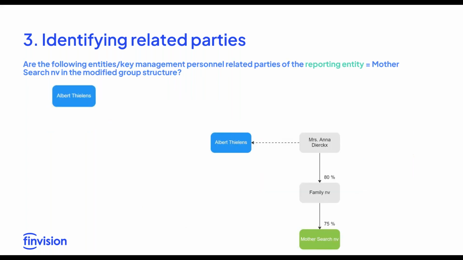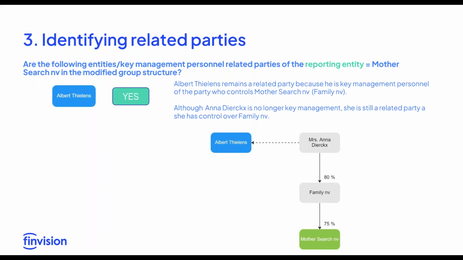Well, for Albert Tillens, there is no change because he was key management personnel of family NV. That is the same situation as it was before. But also Anna Dirks remains a related party. However, the reason why she is a related party changed. It's not because she is key management personnel anymore, but because she has control over family NV.